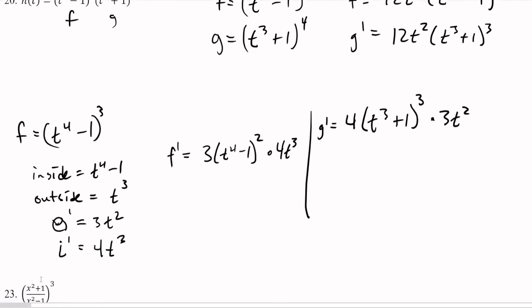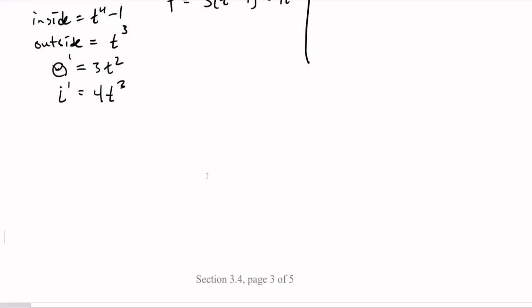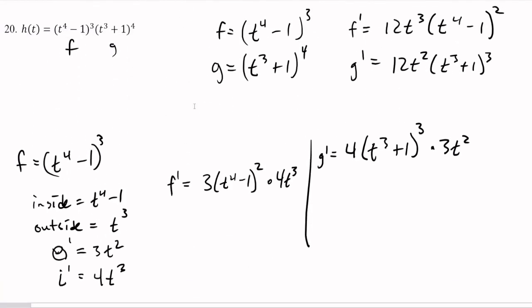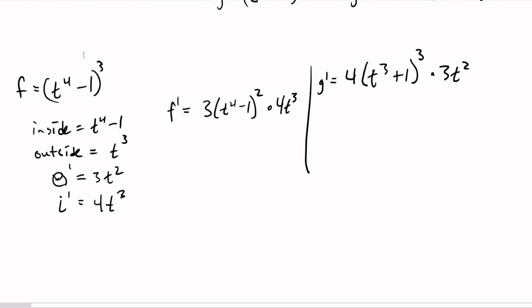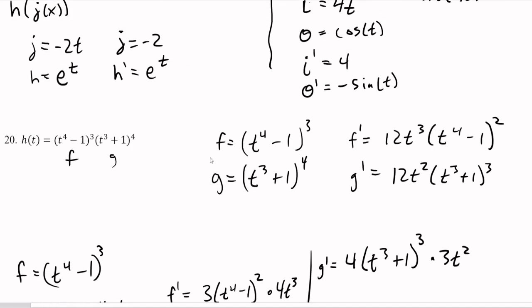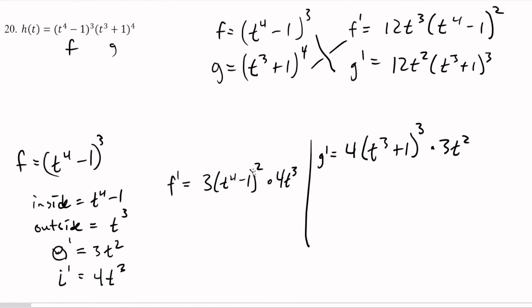Okay. I don't think I left myself enough room there. And then we're going to put this all together again using the product rule. So h prime of t, product rule. Remember, we've got to do this and these together. So let's see if we can remember this.